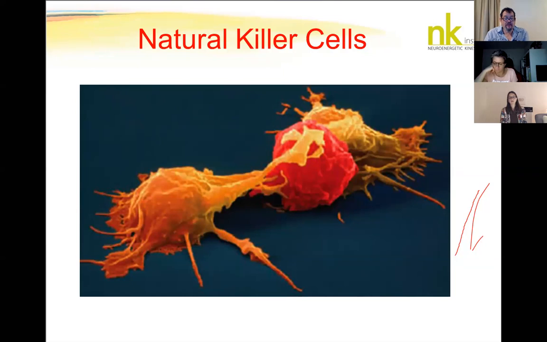And so what they do, they don't have to wait for the pathogen to be recognized by a T helper cell. They can recognize a virus-infected cell directly, or a cancer cell.